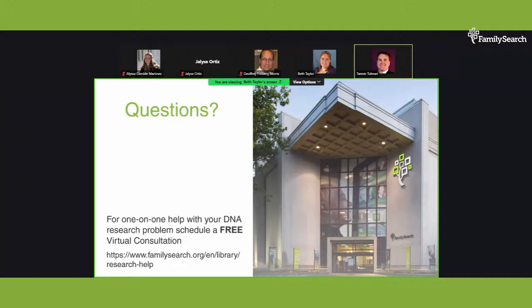Okay, Shelley says, is there a relationship between the number of segments shared with a match and the number of family lines shared? If I share several segments, does that mean the match and I could share more than one family line? So it definitely means that you could share more than one family line.